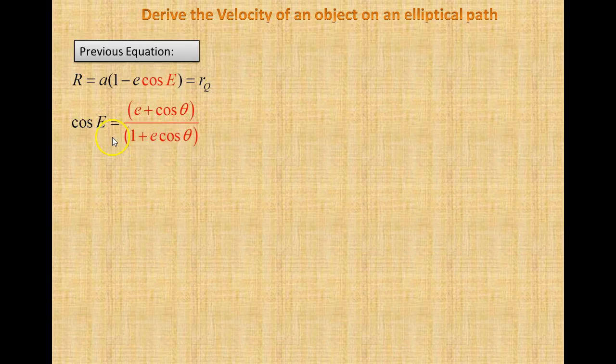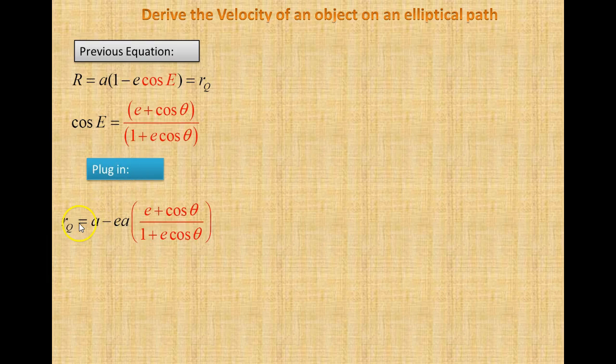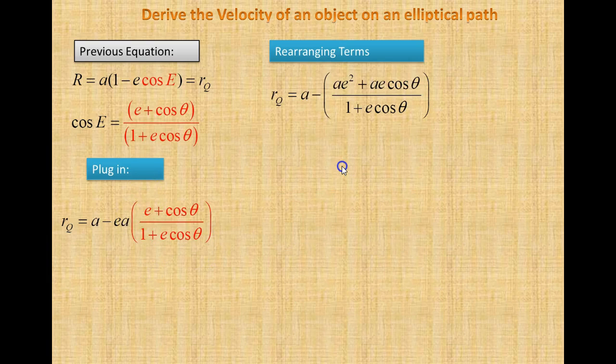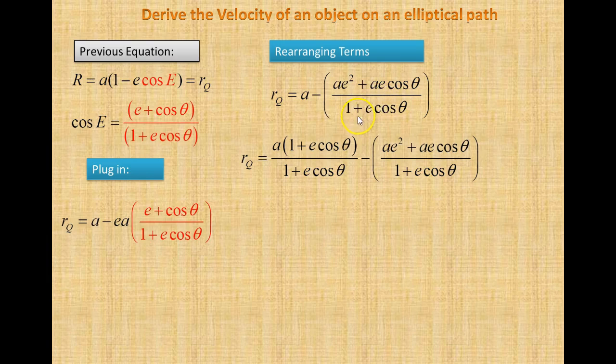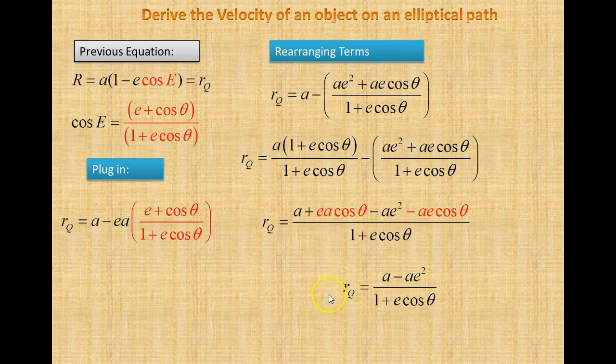So if we take those values and we plug in, we get RQ is equal to A minus eccentricity times A, where A is the semi-major axis, times that quantity in red. Okay, we plug in and multiply and get the same denominators under these two fractions, and then we add the numerators, and we see the terms in red cancel, and we get RQ equals A minus A times eccentricity squared divided by 1 plus eccentricity times the cosine of theta.